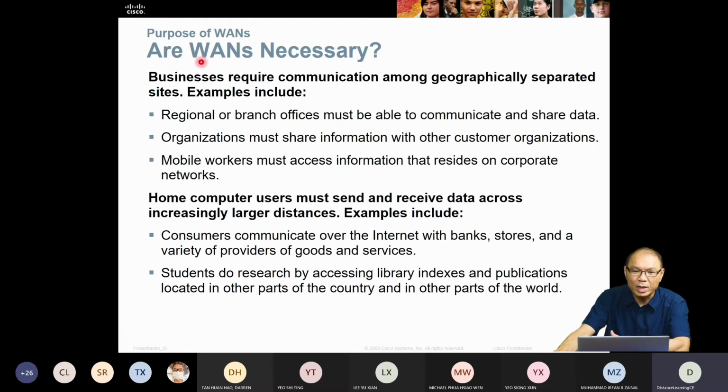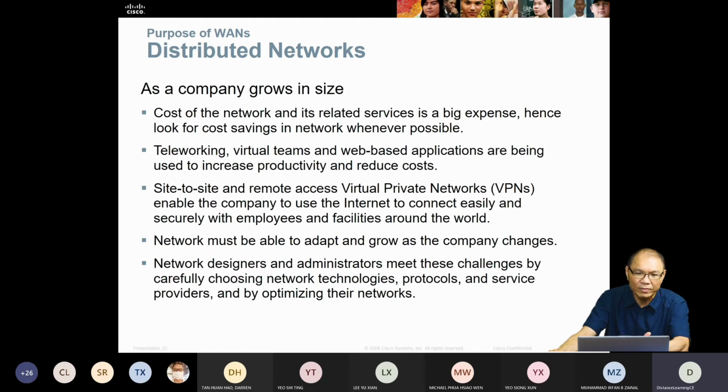So that's why wide area network today is feeding, okay, the needs of communication and the needs to be able to access goods and services that are regionally available. Okay, not locally available, they are available somewhere else. So another reason why you want to have a wide area network is that as a company grows in size, you may not have all your employees working in one location, okay?